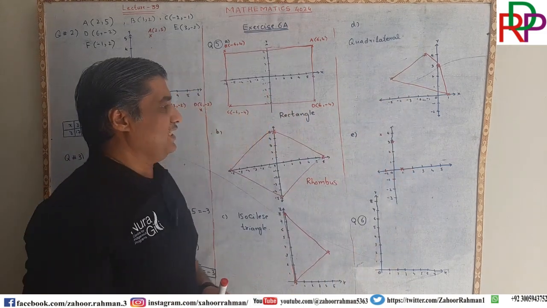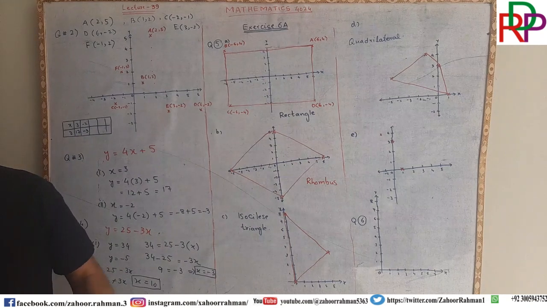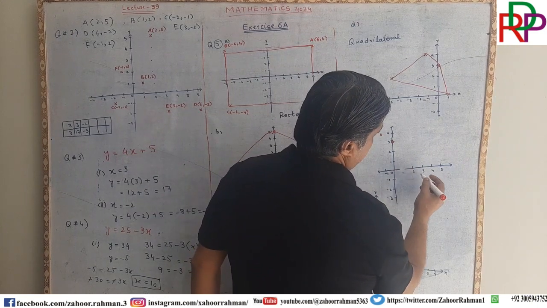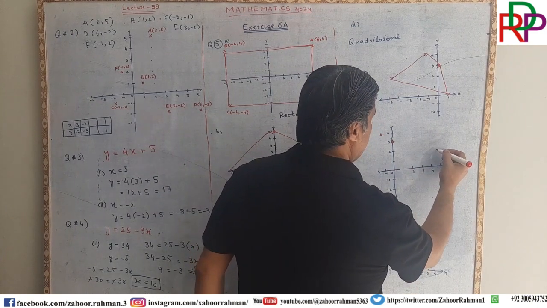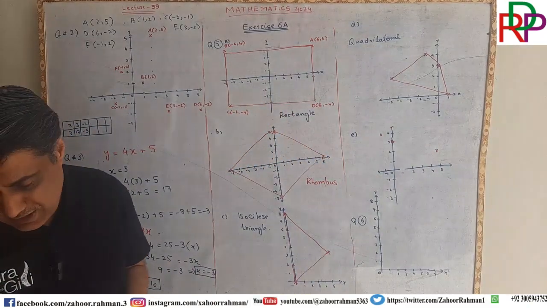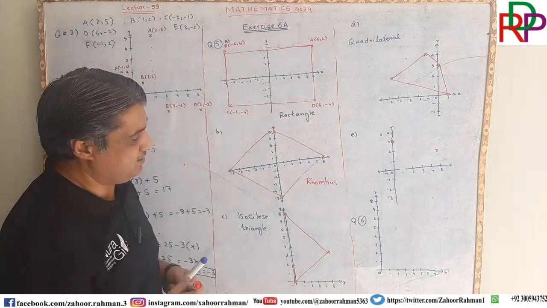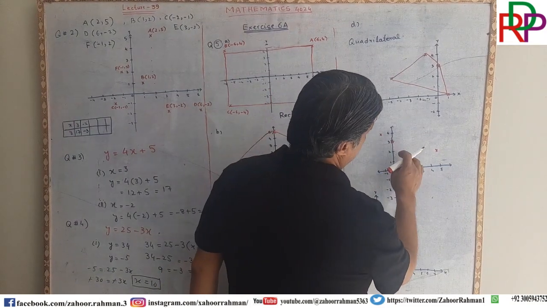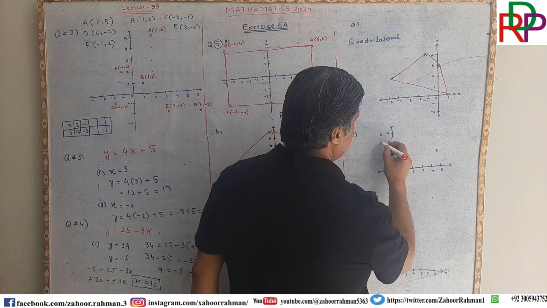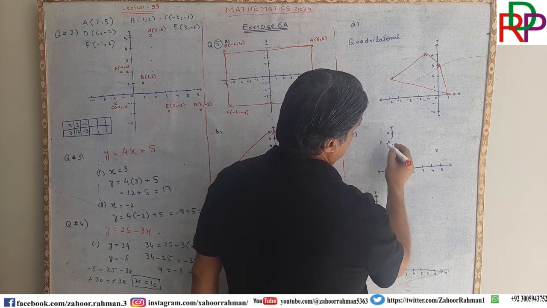This is a quadrilateral. Now we are coming towards this E part, and that is 5 and 2. Not this one, 5 and 2. So it will be somewhere here. The second one is minus 1 and 3. Minus 1 and 3 will be somewhere here.